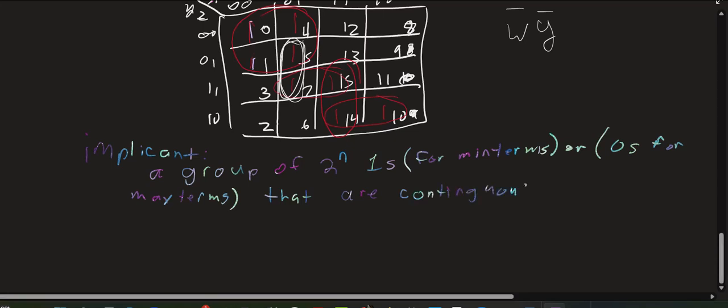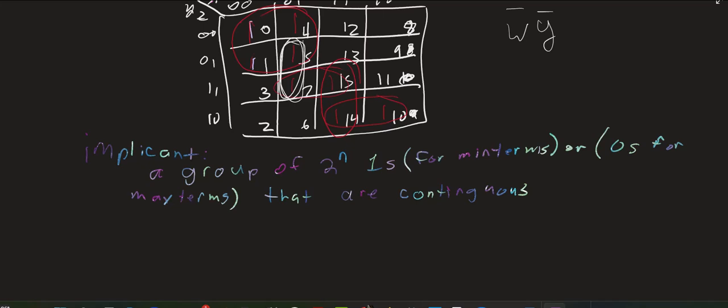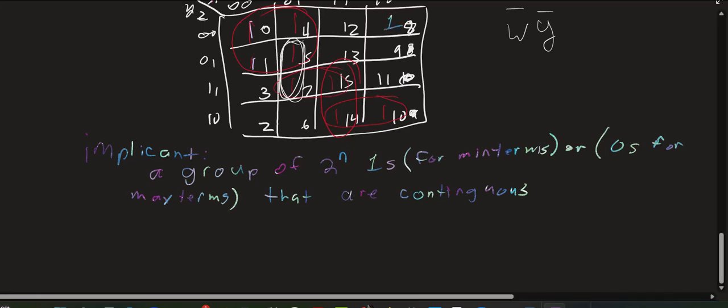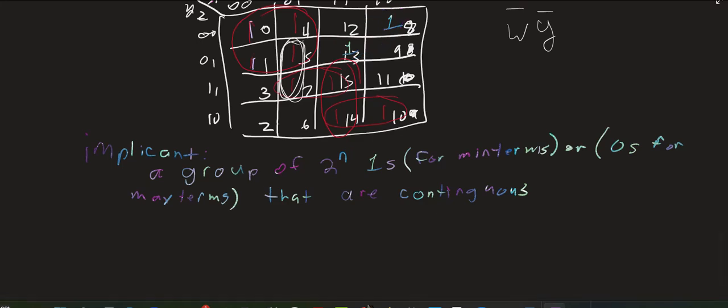I don't know if that's a good word. They have to be touching another cell, either going up or down or right or left. They can't be touching just diagonally. Like for instance, this is not an implicant, because the way the K-map is designed is that the things that are adjacent either horizontally or vertically share a variable. So that's an implicant.